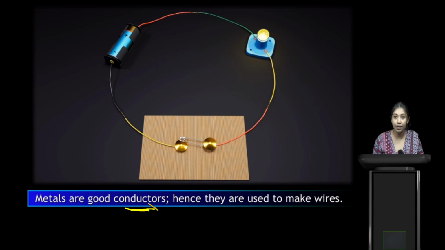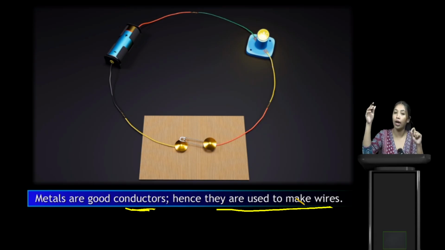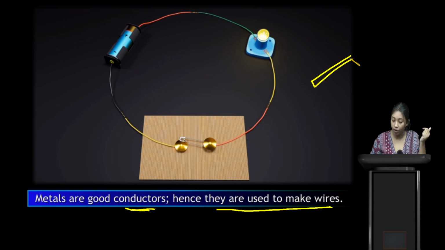Since metal is a good conductor, that's why we use it to make wires. Because if we use rubber to make the wire, then the current cannot pass. So when you switch on from your socket that is hung on your wall, because you want to glow the lamp, if the wire is made up of rubber, then the current cannot pass and your light will not glow.